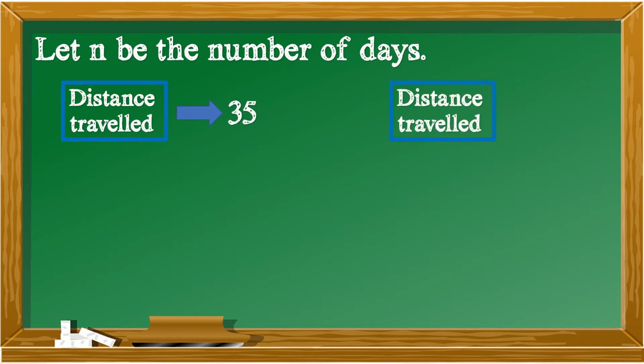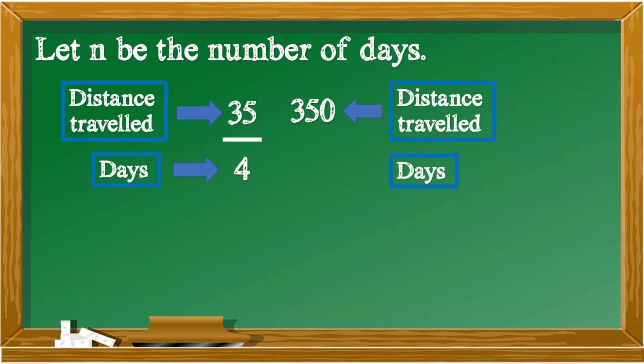And the second distance traveled mentioned is 350. And let us put the number of days below. The first number of days mentioned is 4. And the second number of days mentioned is none. So let n be the number of days.